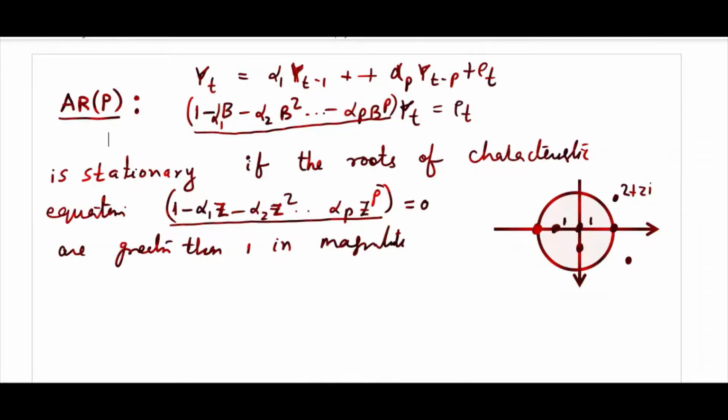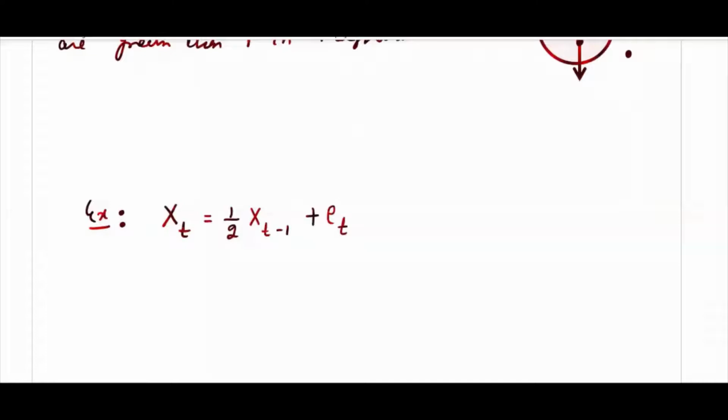Here we have only one coefficient. So the characteristic equation will be 1 minus half z, which you set to 0 and find the root. The root is z equal to 2. The magnitude, z modulus, is greater than 1. So this is stationary.